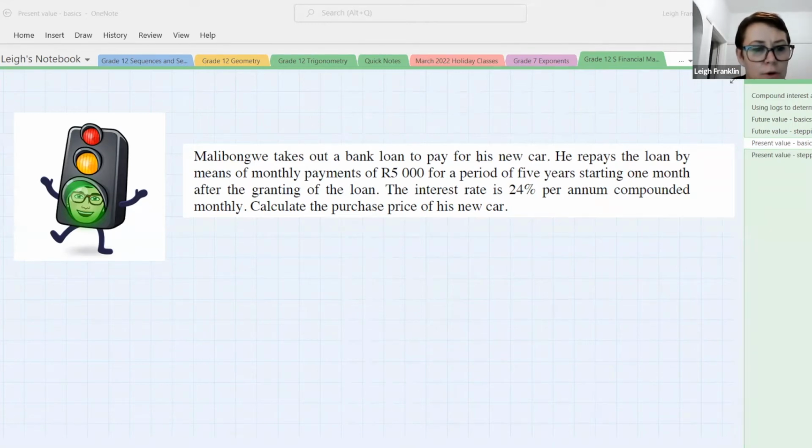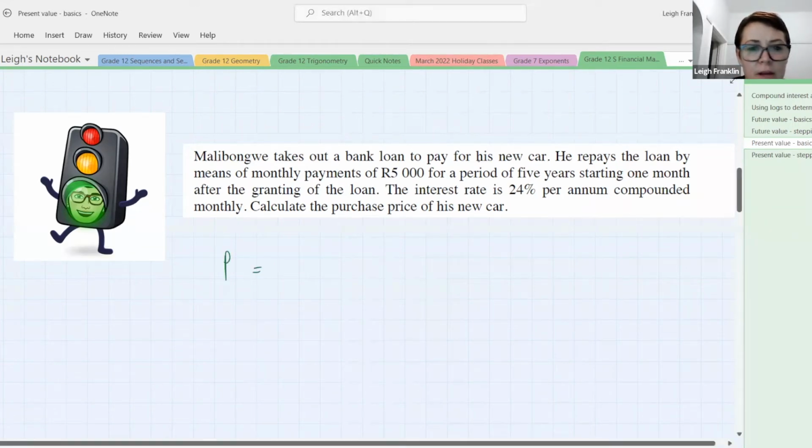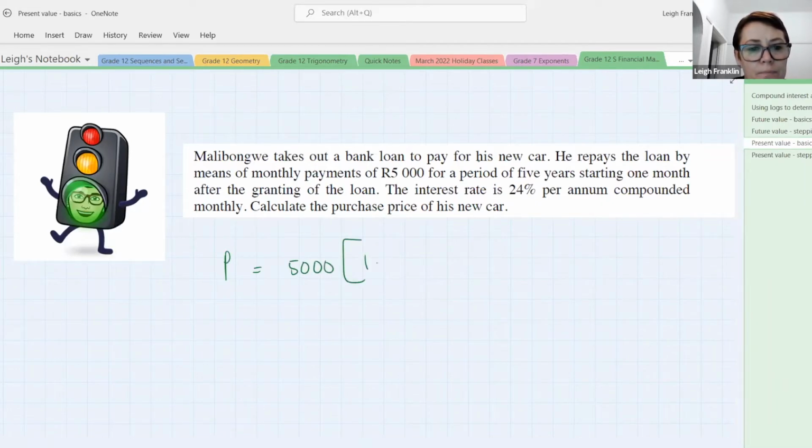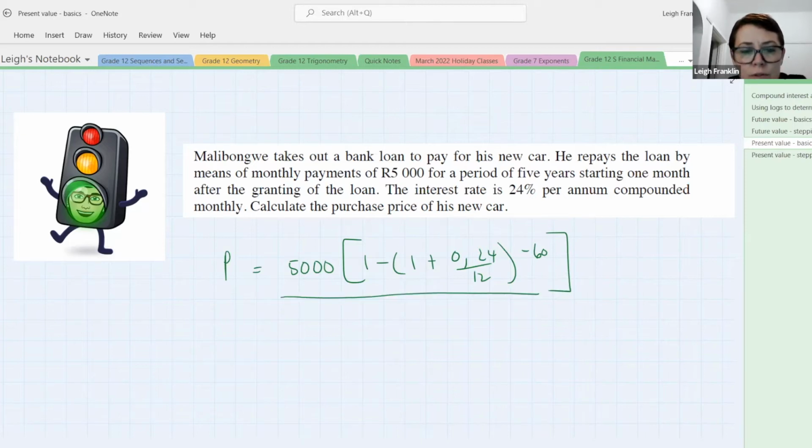All right, so the present value of the loan, over 12. So he made 60 payments because he made one payment a month for 5 years.